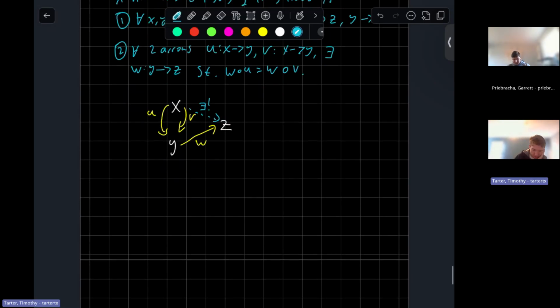This is also sometimes called a filtered index category.